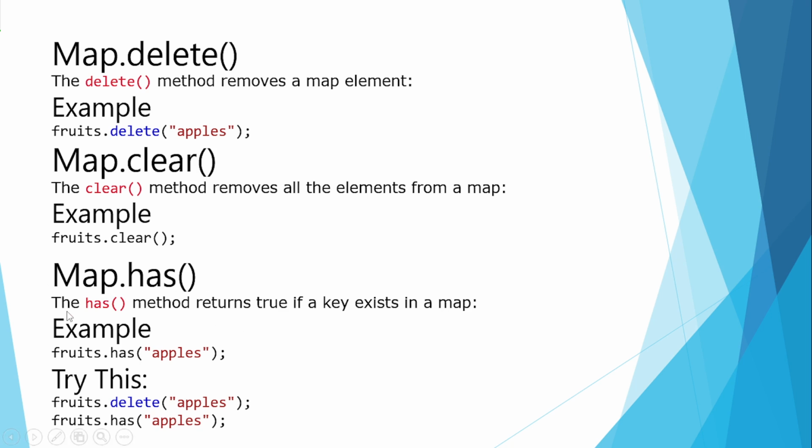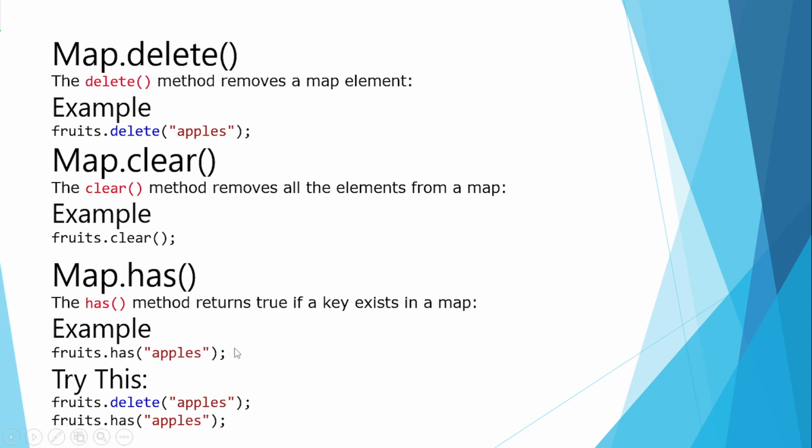Has method: by using the has method we can return true if the key exists in the map. If you want to check whether some value is present in that map or not, then we can check by using the has method. When you pass the key, it will return true or false. If that key is present in that map, it will return true.